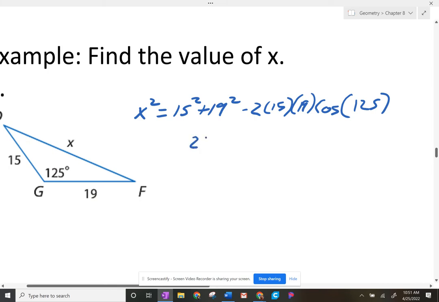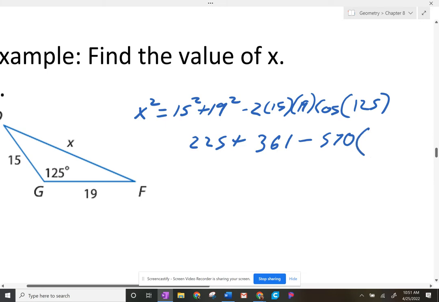15 squared should be 225 plus 19 squared, that one's going to be 361, minus 2 times 15 times 19. Again, I'm going to do a couple steps. Minus 570 times cosine of 125.